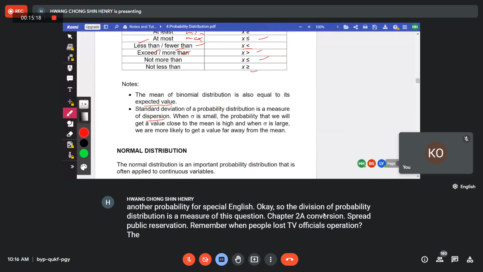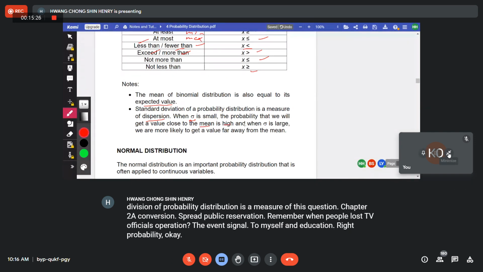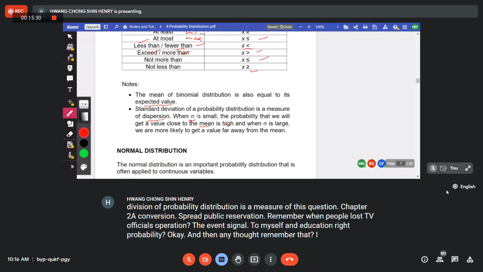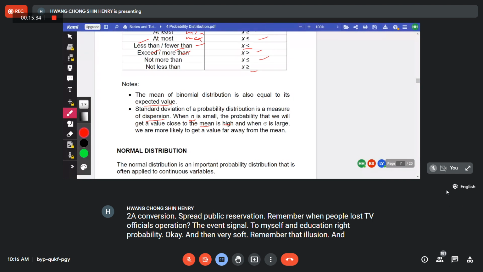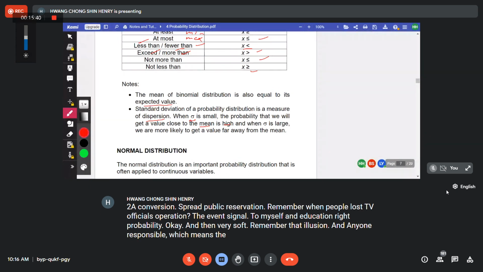When sigma, our standard deviation, is small, the probability that we will get a value closer to the mean is higher. Remember in chapter 2, the smaller the standard deviation, the better, which means the spread is smaller. In other words, it's closer to the mean.